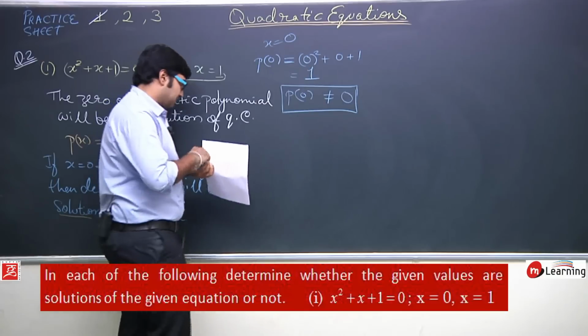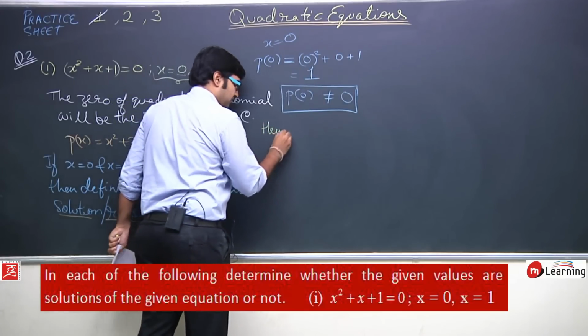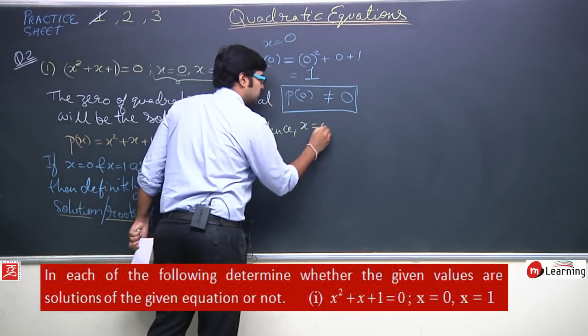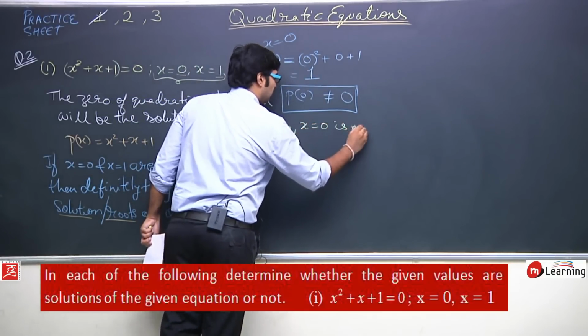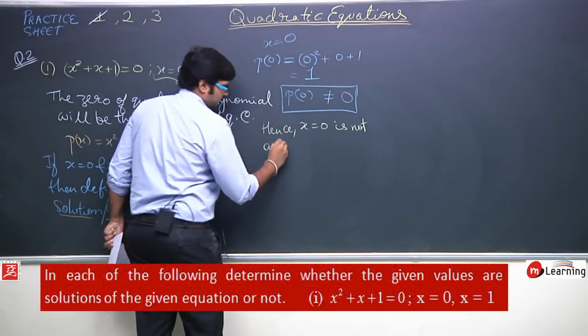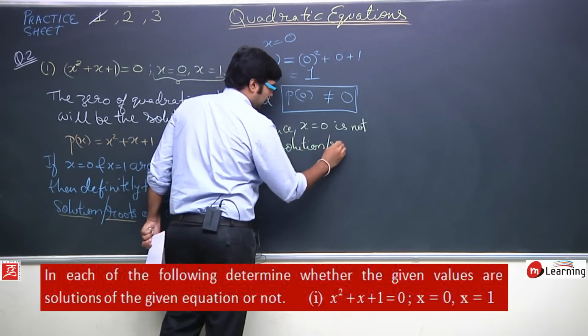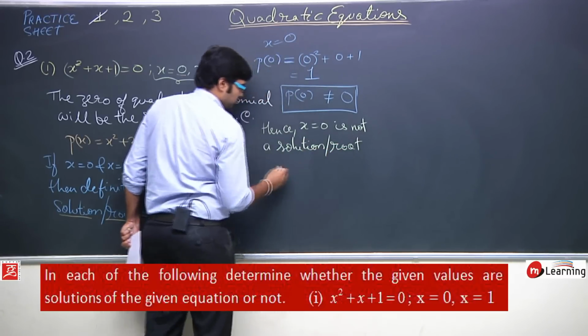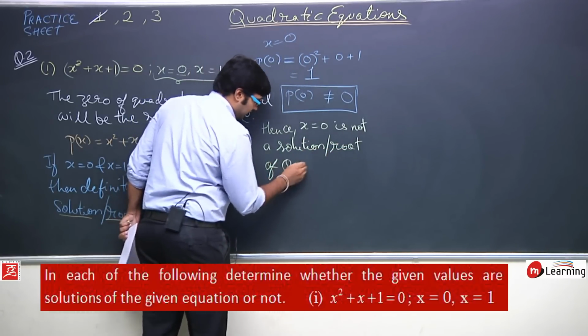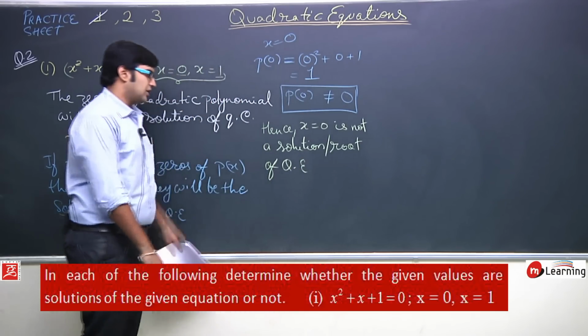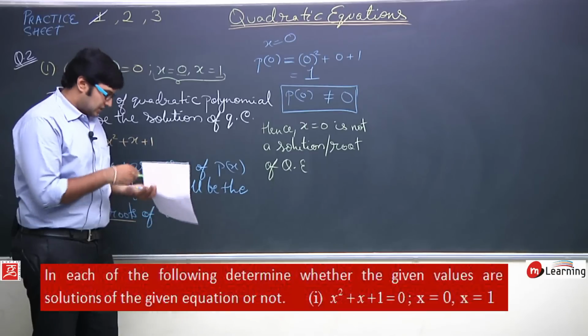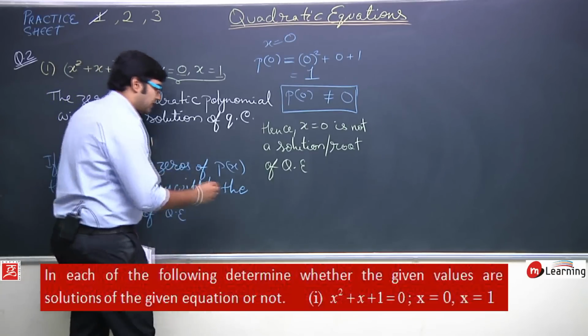Hence, I will say x is equals to 0 is not a solution or root of the quadratic equation. Okay, so x is equals to 0 तो नहीं है. Now let us check for x is equals to 1.